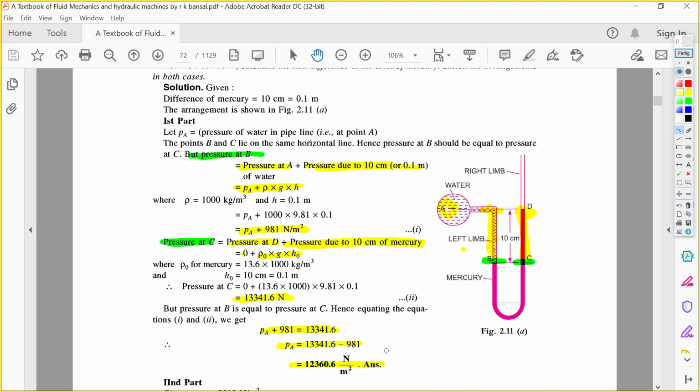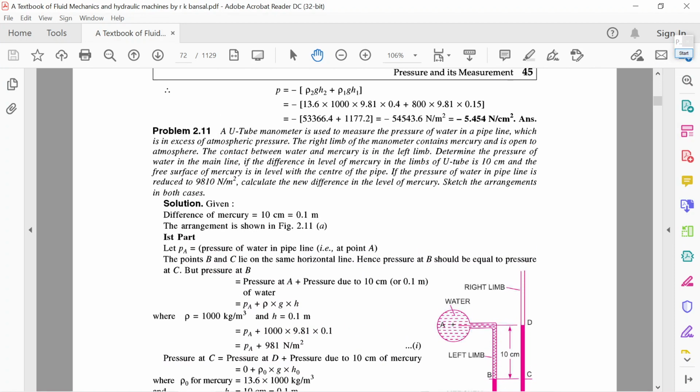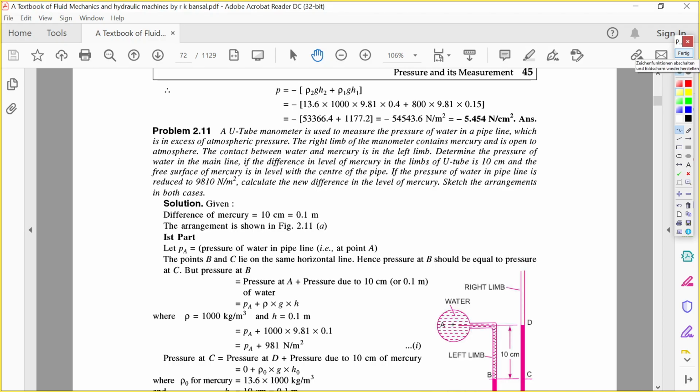And in the second part, it says that the pressure is reduced to 9,810, but the actual pressure of the water inside that pipe is 12,000.